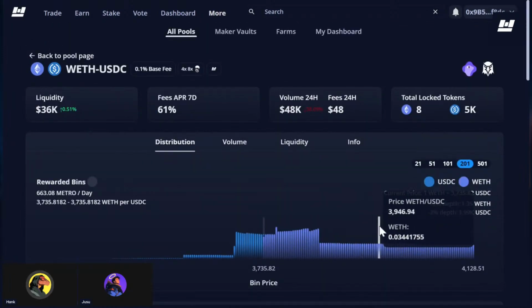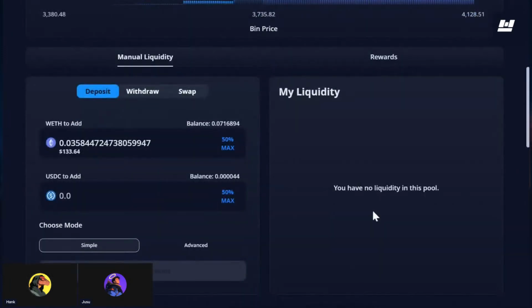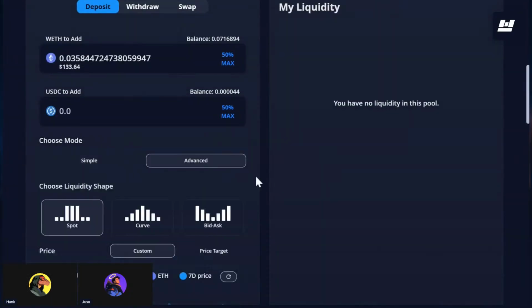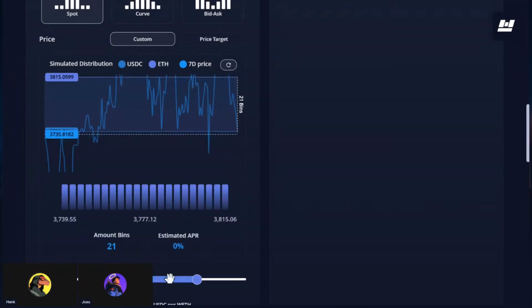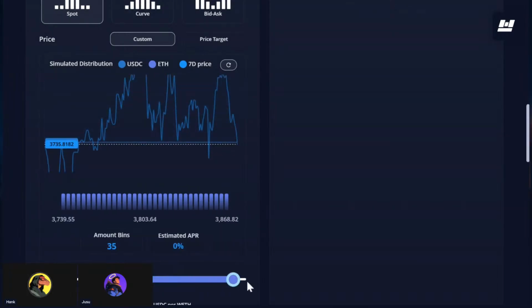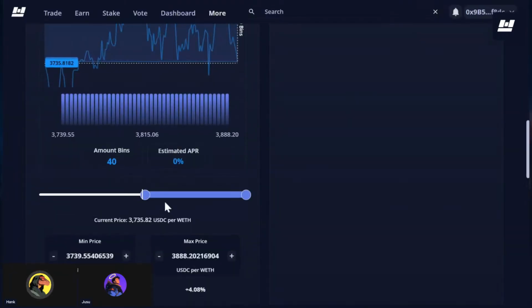As the price goes up, I'm going to convert more and more to USDC. For this, I go into advanced and move this up. Then you can see when I go to the right, I already allocated 40 bins and it goes to the price of 3,888.